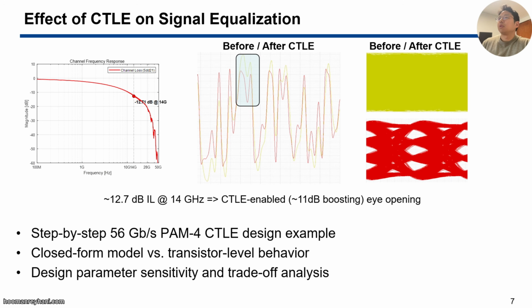Here is an example that shows the effect of CTLE on a 56 gigabit per second PAM4 receiver. The channel shown here exhibits about 12.7 dB of loss at Nyquist, which makes it difficult to maintain an open eye if you look at the eye diagram shown here.